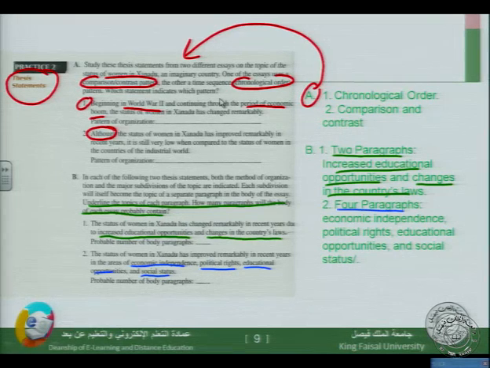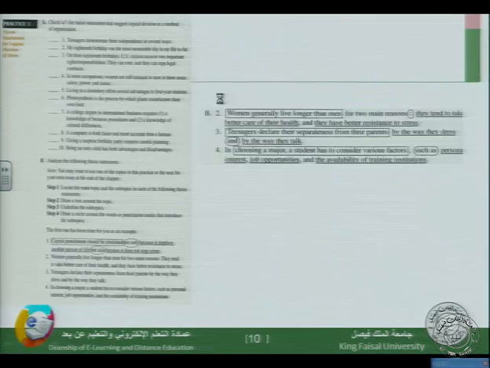Okay, so we have here 4 paragraphs: economic independence, political rights, educational opportunities, and social status. So from the thesis statement, you can expect how many paragraphs you need. Okay, how many paragraphs you need. So please do it again by yourself. Okay, this is for the thesis statement.